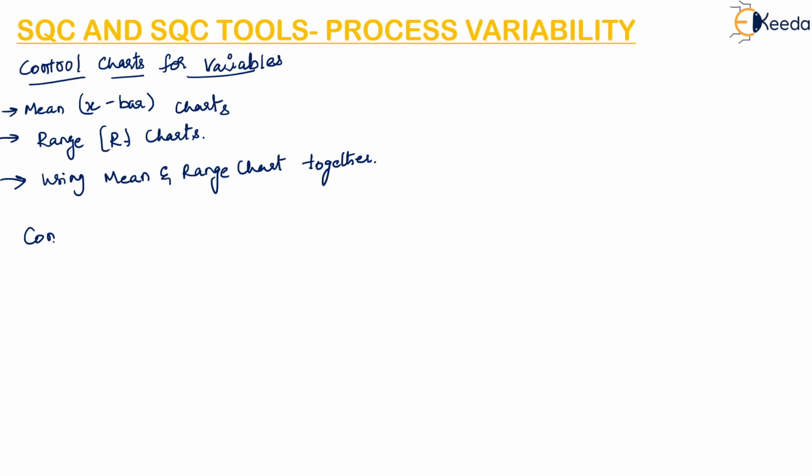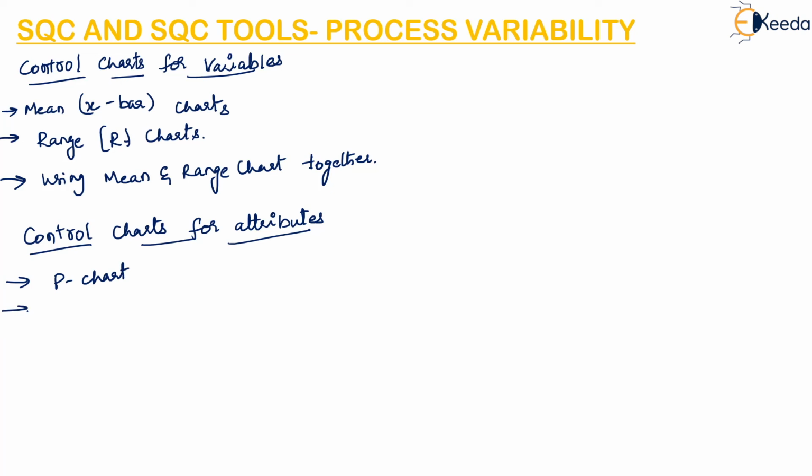Now, control charts for attributes. The two most common types of control charts for attributes are the P chart and the C chart. What do these charts do? We will discuss later.